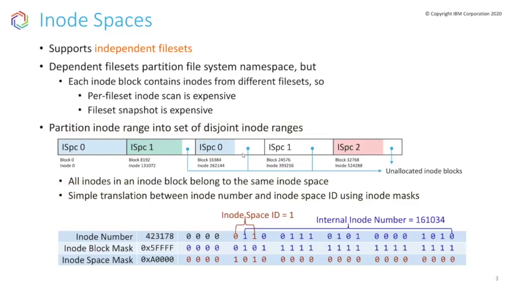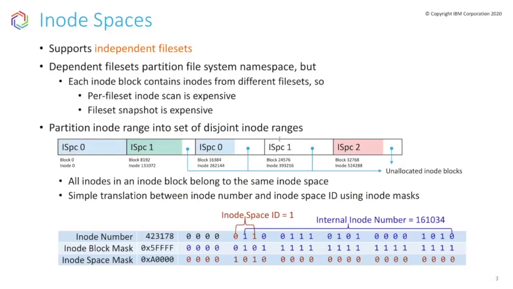And as you can see, inode space 1, the second partition, is almost empty or fully empty because there are no inodes inode space 1 needs to extend into, which is okay because this is the way we arrange inode spaces, and it's not necessary that we actually allocate blocks in this space.